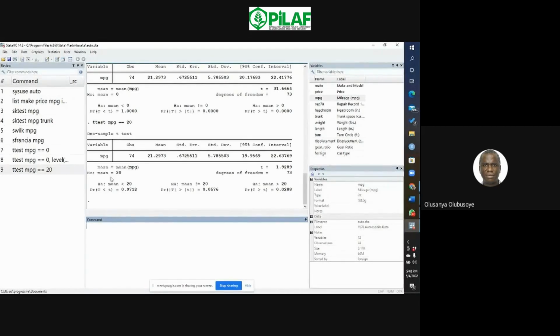So again, for this test, the population mean is equal to 20. I can see here that if I choose an alpha level of 0.05, this value is greater than 0.05, so we know this one will not be proper.